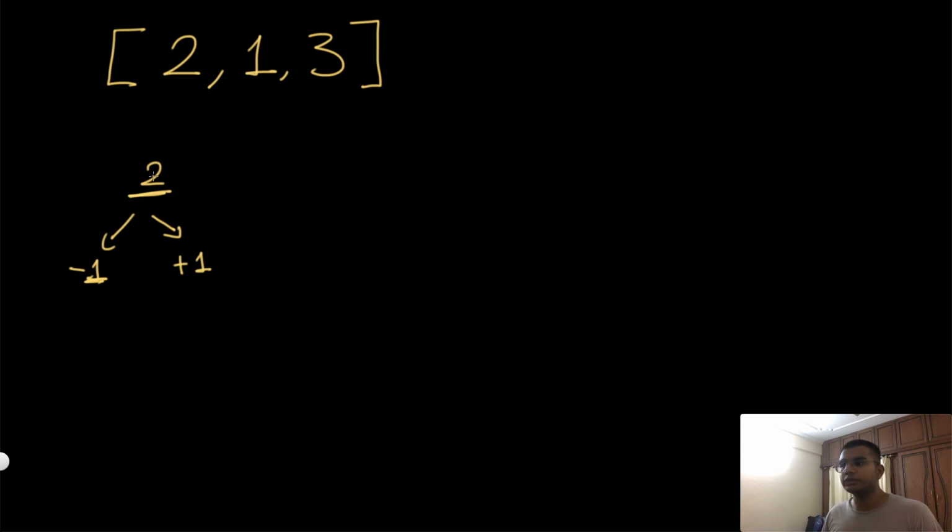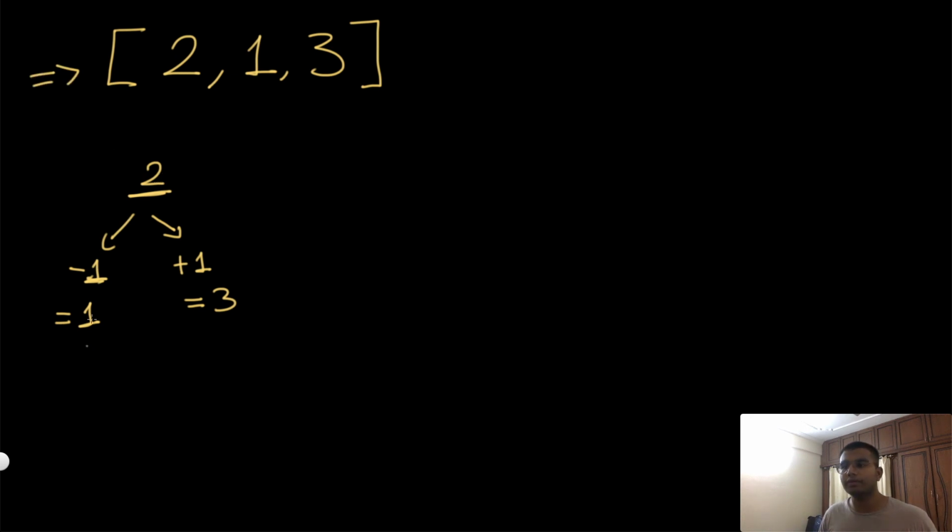So at 2, what is one value less than it? 2 minus 1 is equal to 1. 2 plus 1 is equal to 3. So now we're checking the number 1 and the number 3, and we need to see if both of these numbers actually exist in the given list of numbers.